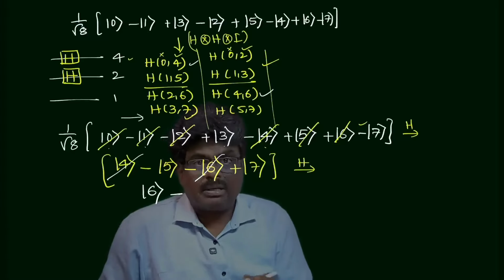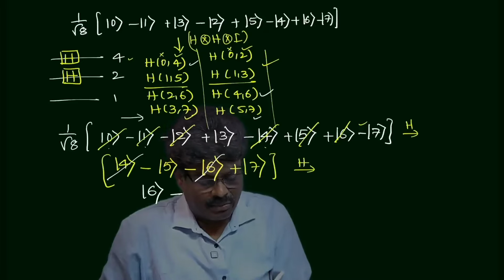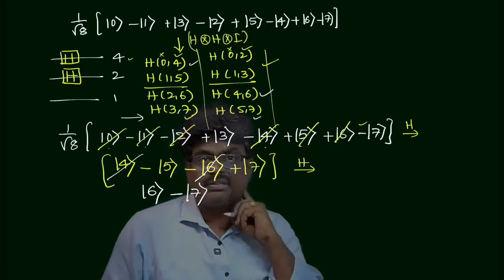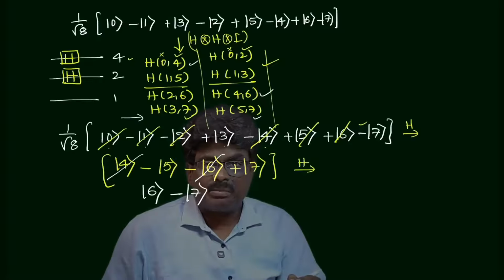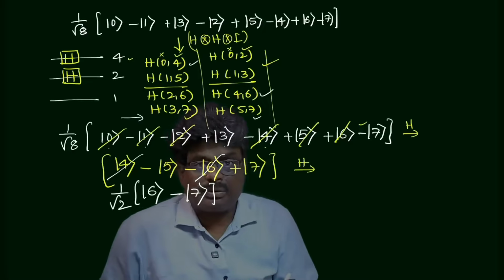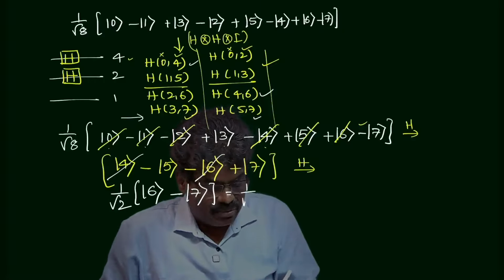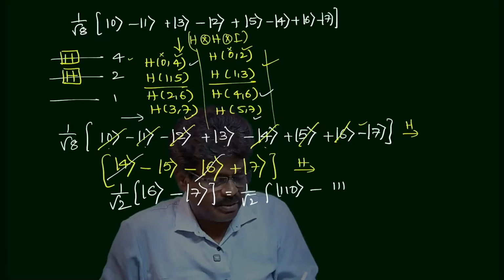Next minus common, 5 minus 7, so that's why on, which is on here, 7. Minus 6 minus 7. So only 2 states remain, that's why finally I will write 1 over root 2. Now I am converting into binary. So this is nothing but 1 over root 2, 1 1 0 minus 1 1 1.